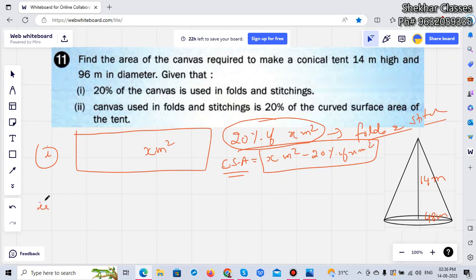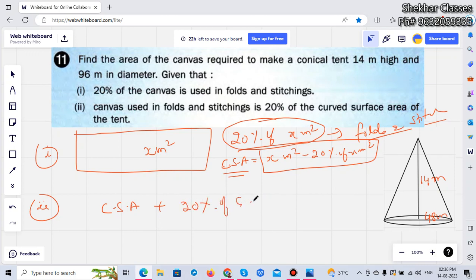Second one says straight away that 20% of the curved surface area is used in folds and stitching. So we will find out the curved surface area, and for folds and stitching we need 20% of the curved surface area.